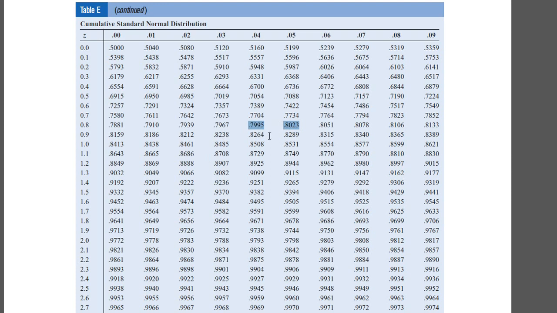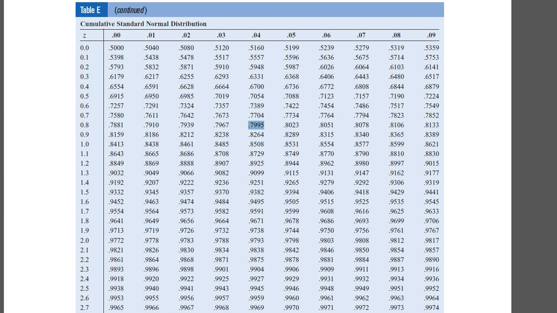I'm between these two values here. This value here is 0.0023 larger than 0.80. Right, so clearly 0.7995 is closer to 0.80 than 0.8023 is. So the Z value that yields this area of 0.7995 is 0.84, right? 0.84 yields that area that's closest to 0.80.